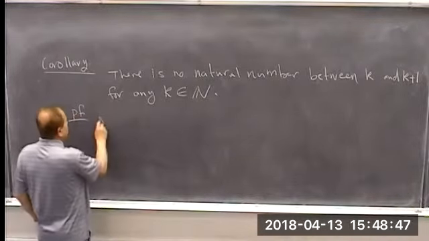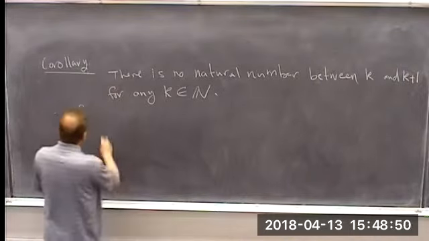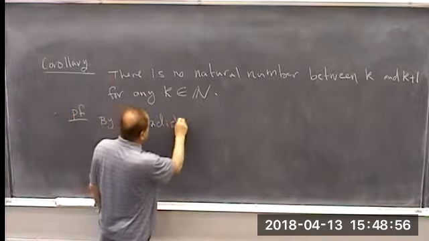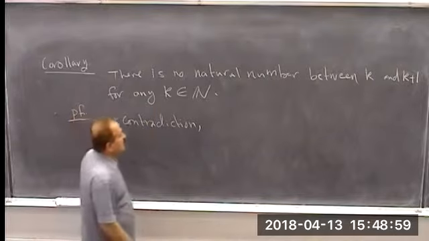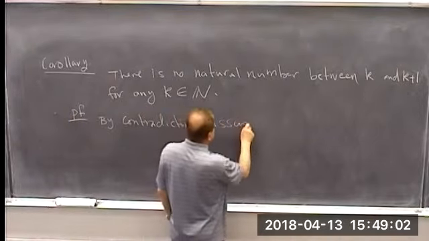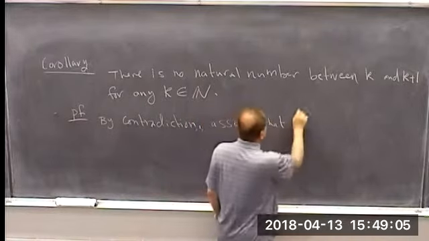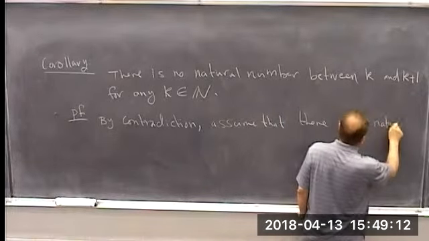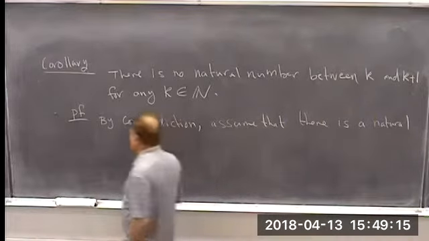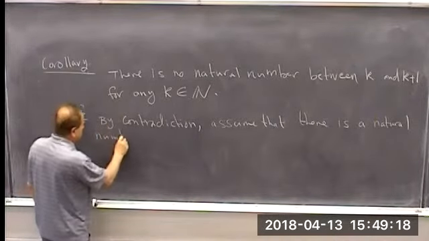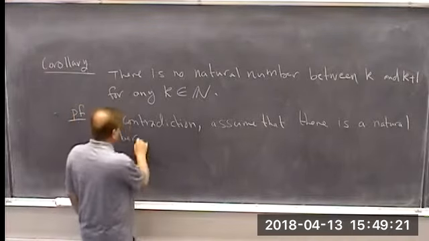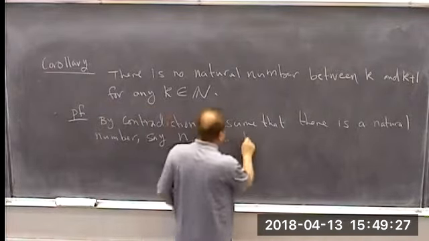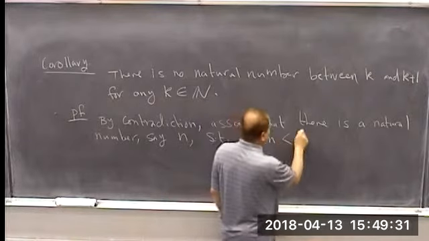So let's assume by contradiction again that there is a natural number n such that k is less than n is less than k plus 1.